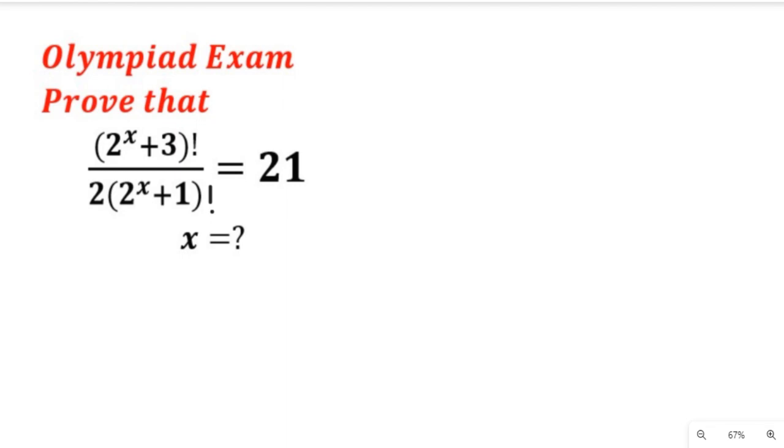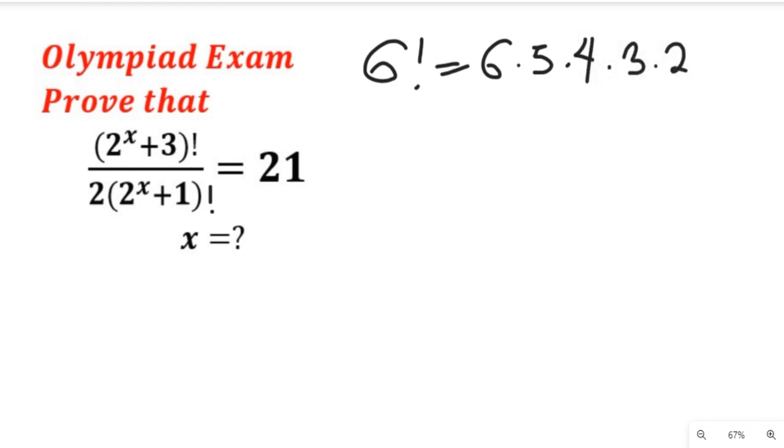Factorial is the product of all whole numbers from the chosen number down to 1. If we have a value like 6 factorial, it is the product of all whole numbers from 6, that is 6 multiplied by 5, multiplied by 4, multiplied by 3, multiplied by 2, and multiplied by 1.